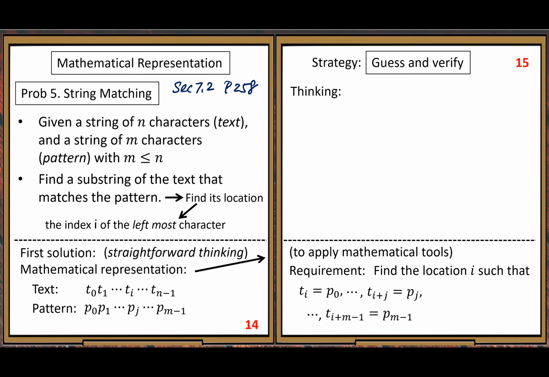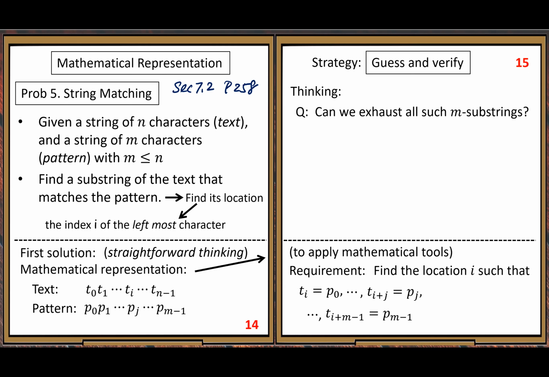First, thinking. Remember, in order to find the number of M substrings, we need to go through all the possible M substrings in a given text. Given a long string, we assume there are a total of N characters.